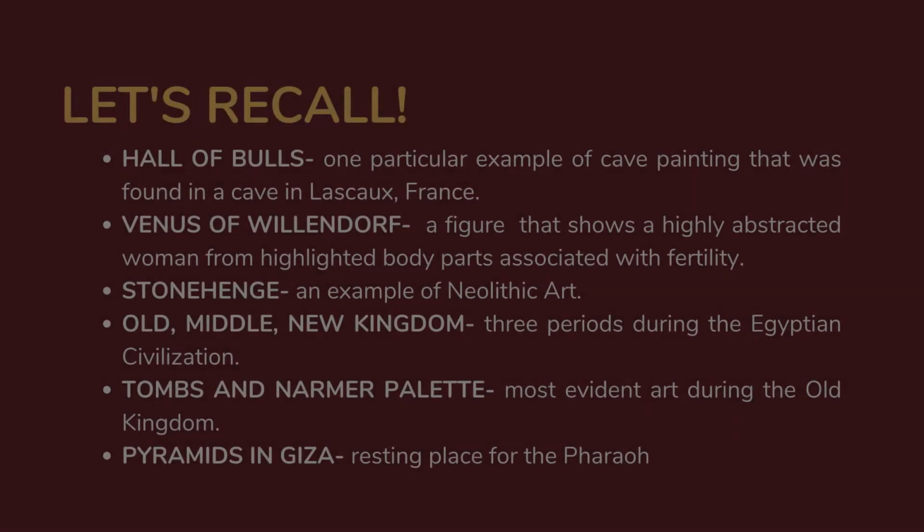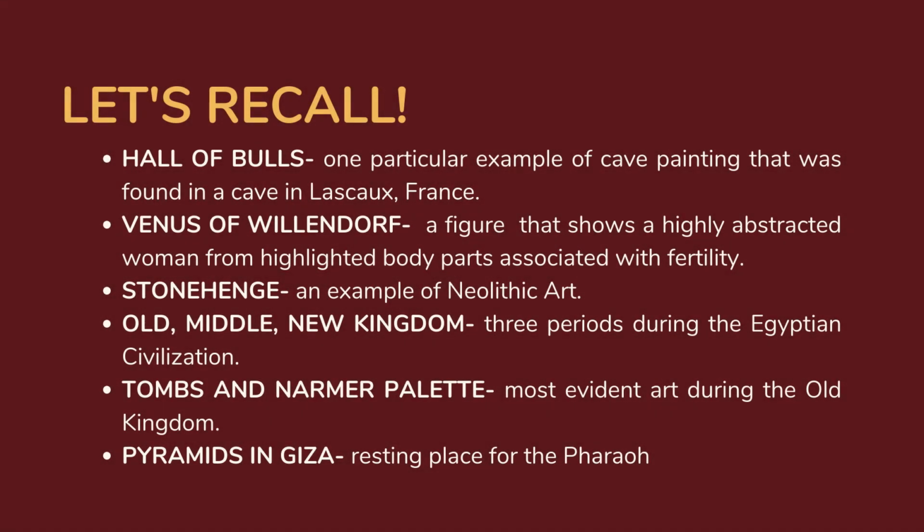So let's recall. Hollow Pulse is one particular example of cave painting that was found in a cave in France. Venus of Willendorf is a figure that shows a highly abstracted woman with highlighted body parts associated with fertility. Stonehenge, an example of Neolithic art.